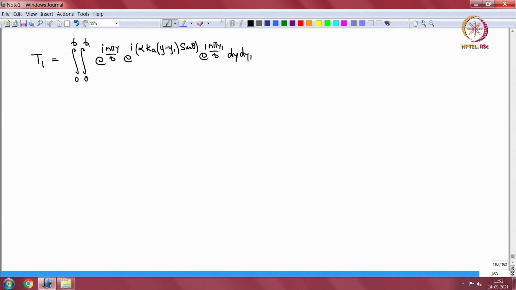Okay, it's a pretty simple integral. y and y1 separate out because of the exponents, so they can be done separately. I will not show it entirely, or you can do it in Maple if you are not confident.